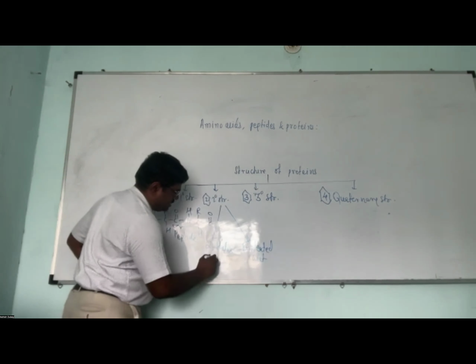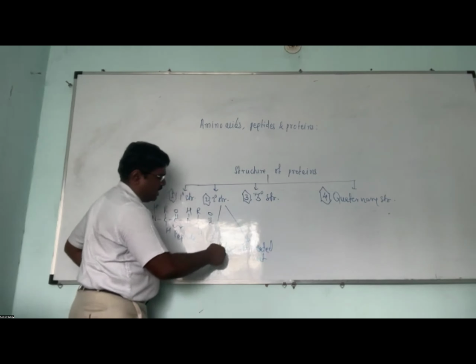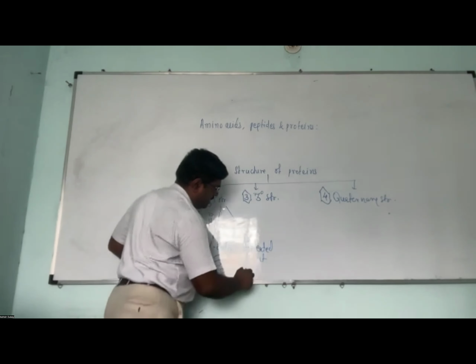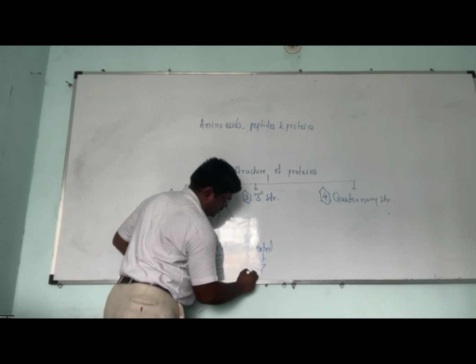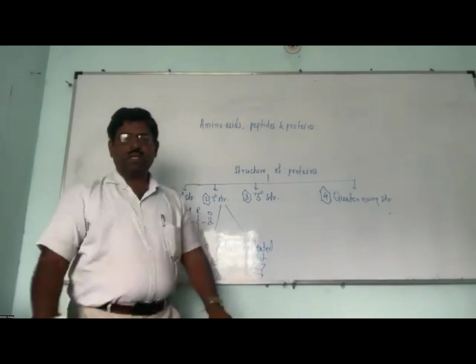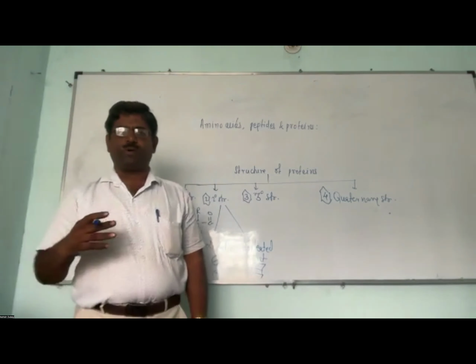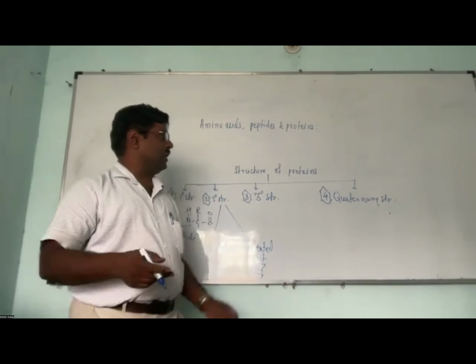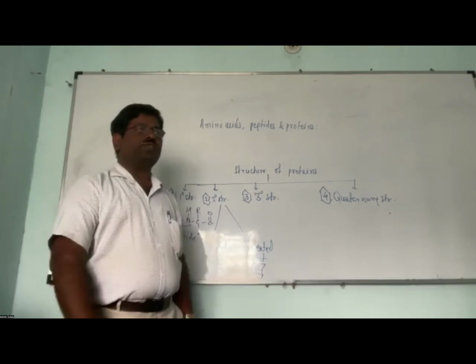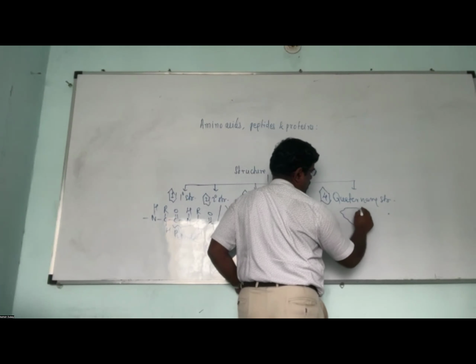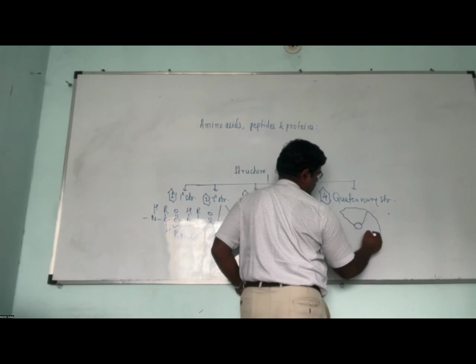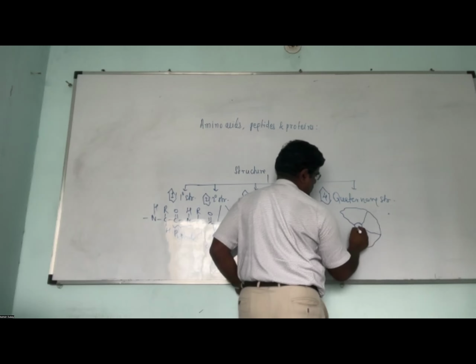Alpha helix forms a coil like this, and beta pleated is just like the steps of a staircase. In the tertiary structure, whenever the structure of protein is more and more folded, you will get tertiary structure. And the quaternary structure looks like a corolla or petals of a flower.